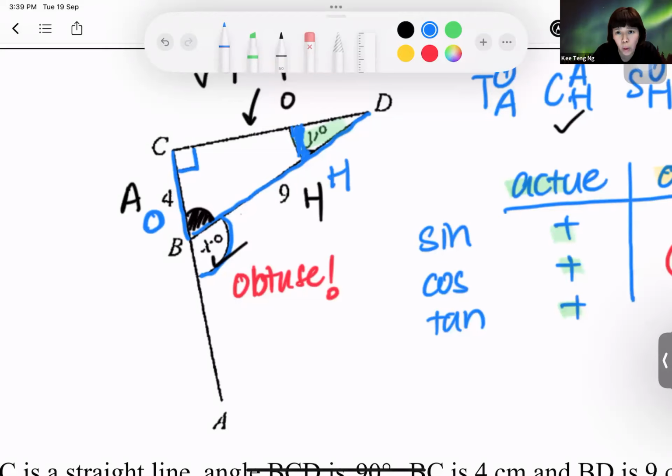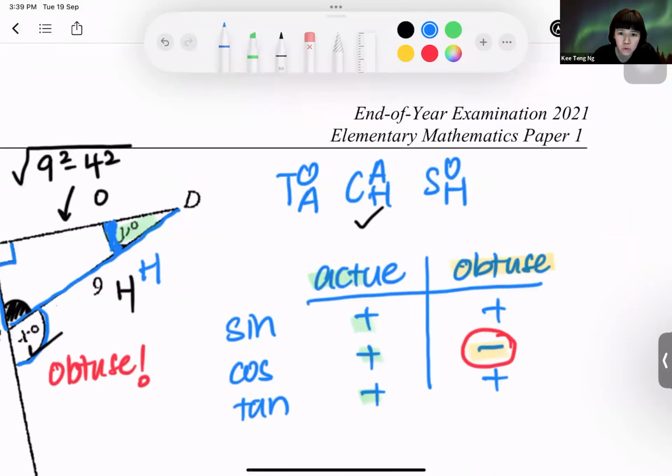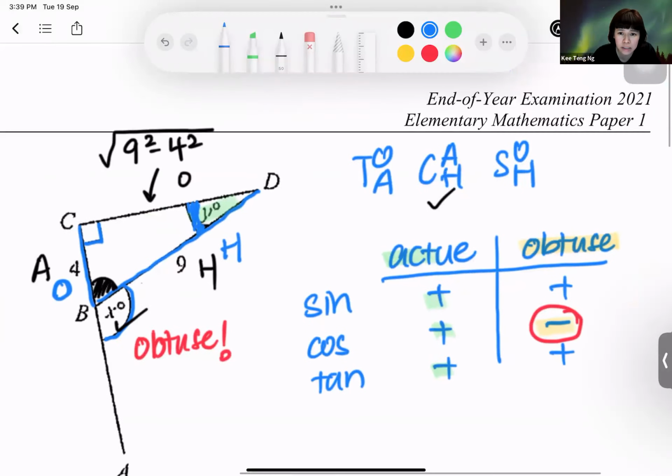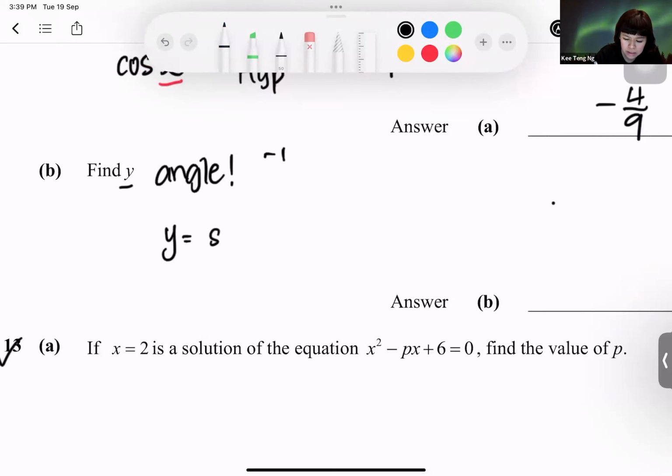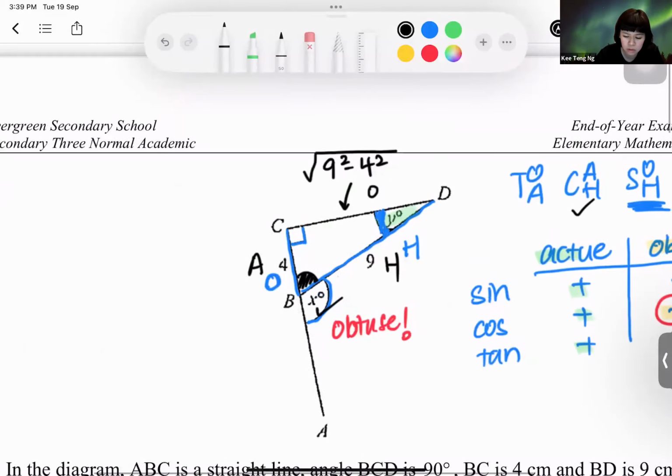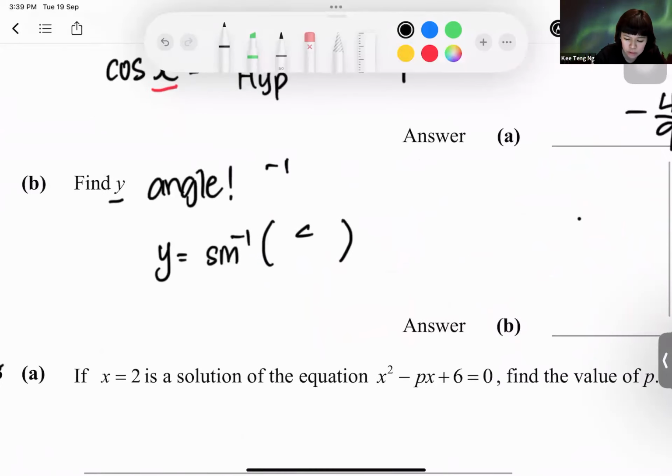So I have O and H. So which one got O and H? This one, right? So we have sine, and we want to find angle, so we use sine inverse. In order to find the angle y, sine inverse. SOH, opposite 4, hypotenuse 9, 4 over 9.